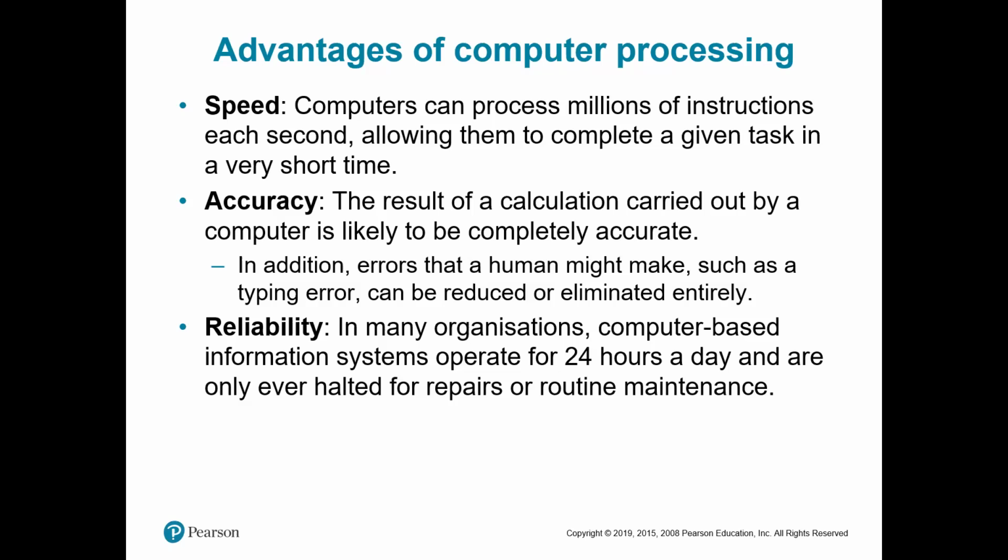So computers can perform activities at a very high speed at any point in time or at any moment. And then accuracy also is one characteristic or advantage of computers.